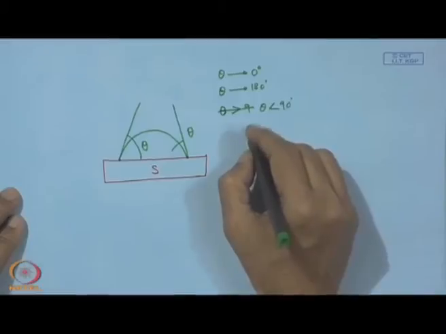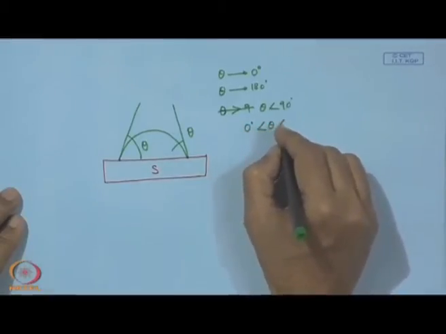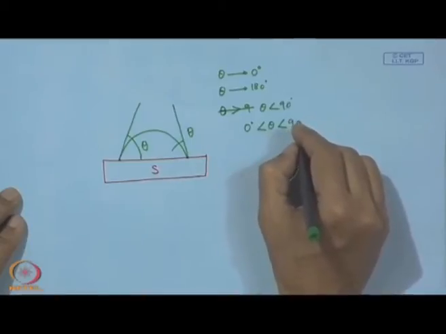That means, theta is in between 0 and 90 degrees.